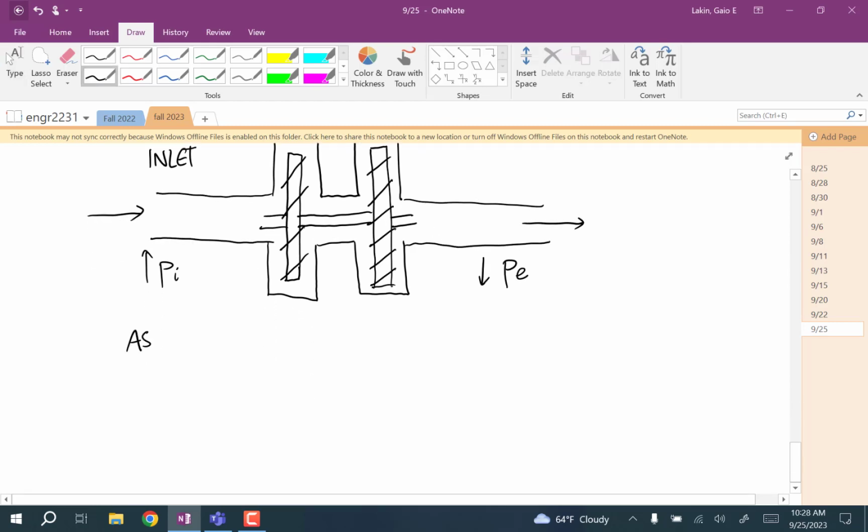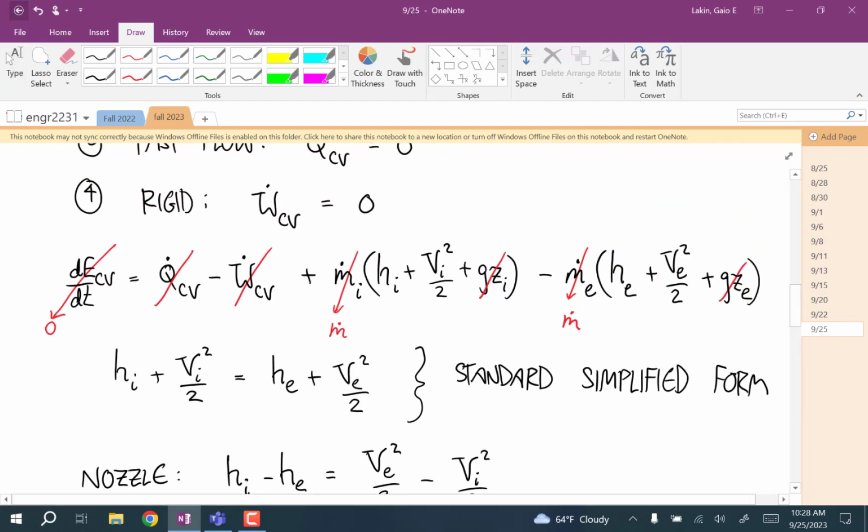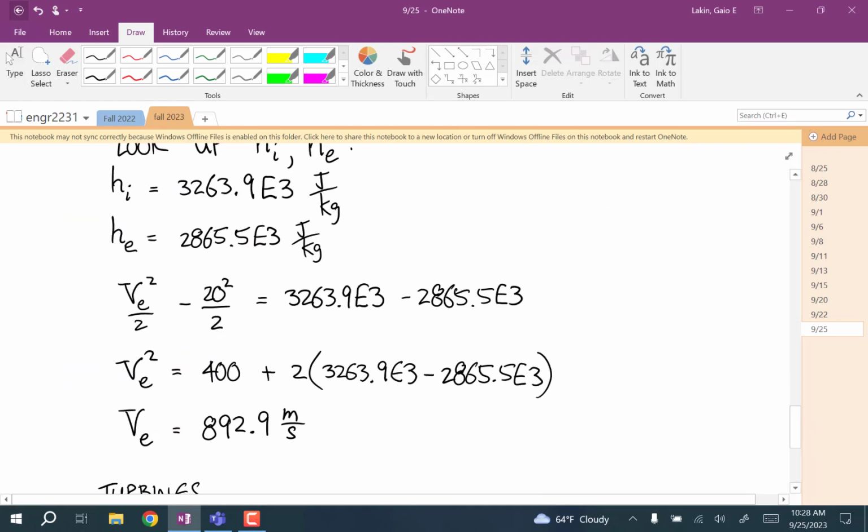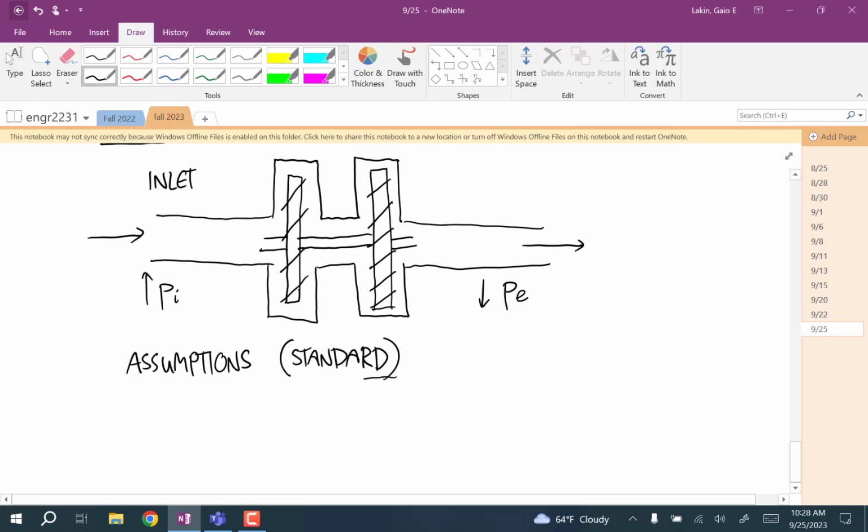These are the standard assumptions that we're going to make. Again, you should always start with the full equation, but this just gives you kind of an intuitive idea of what a turbine is doing. First, we're going to assume steady state.